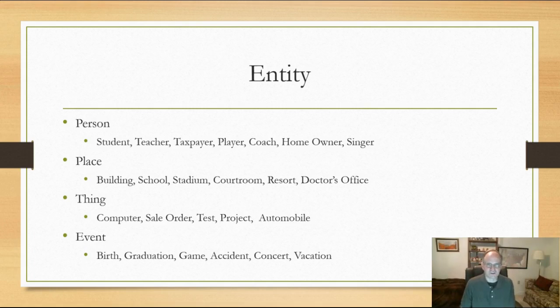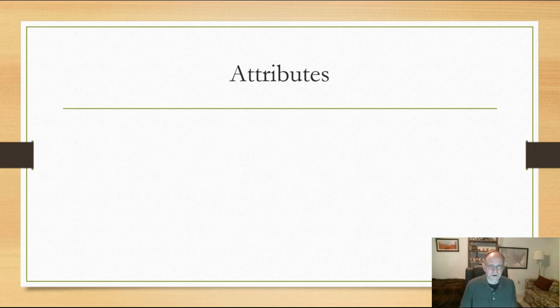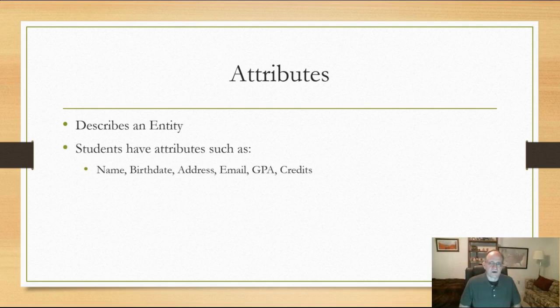I like my vacations. All right, so entities are composed of things that describe the entity and we call these attributes. So if you look at the student we had from the previous slide, students have attributes such as name, birth date, address, email, credits.